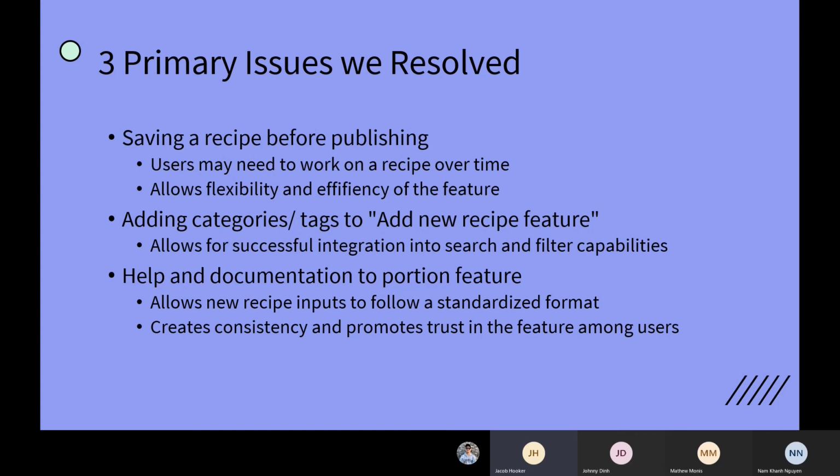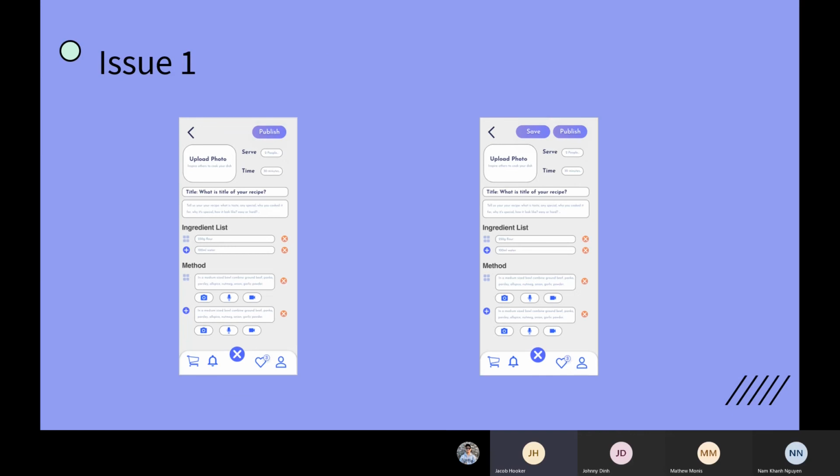I'll next go through each of these issues and show you visually what we decided to do. For issue 1, we simply added a save button at the top of the screen next to publish so that a user could save the work thus far and then access it at a later date before publishing it publicly.